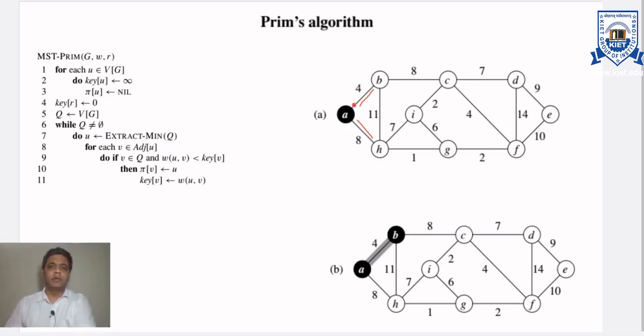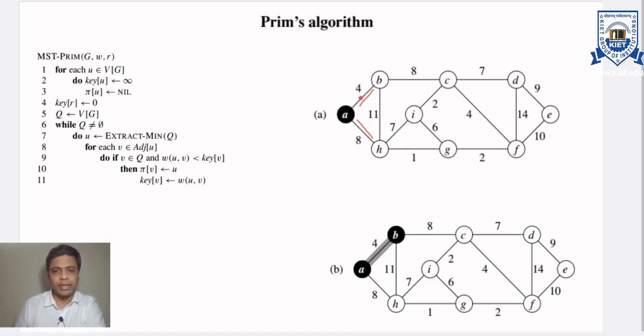Suppose there were more edges directly connected to A, then we would consider all those edges. We compare the weights among these edges and pick the minimum one. There are 4 and 8, two options. We would pick 4.